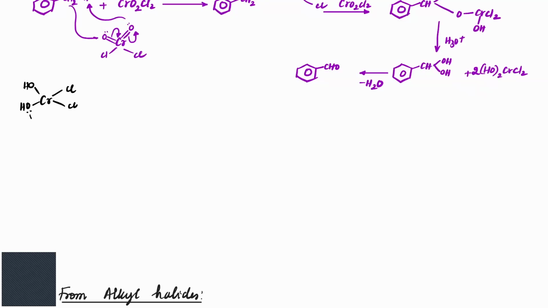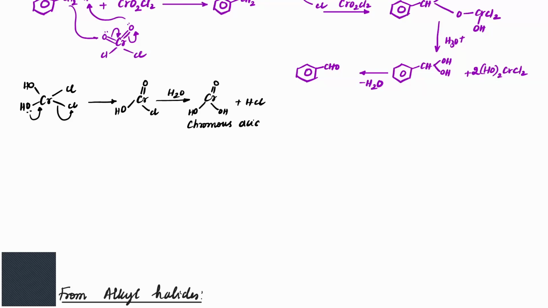You can notice that this double bond O will push and remove one chlorine out. So that's how you'll get Cr double bond O, OH and Cl. And with water, because it is in water, that chromium will also go out and you'll get OH and OH plus HCl. That chlorine will also go. So what is this becoming? This is becoming chromous acid.